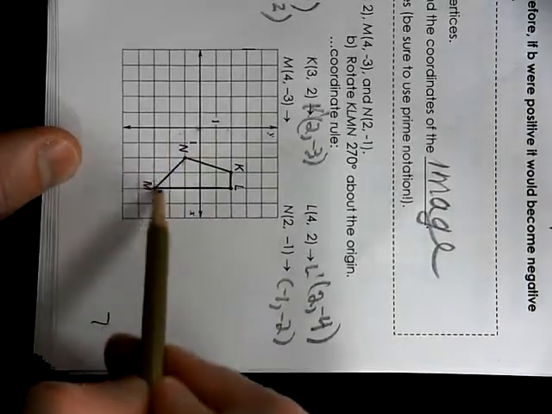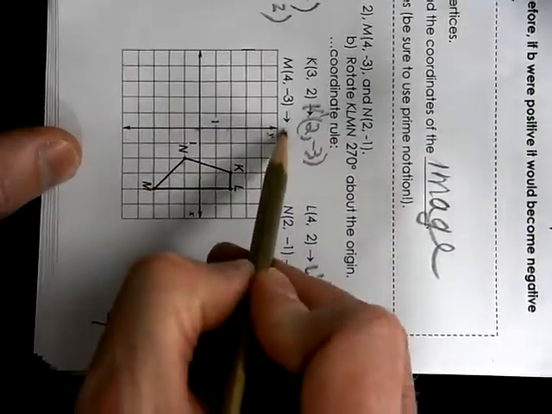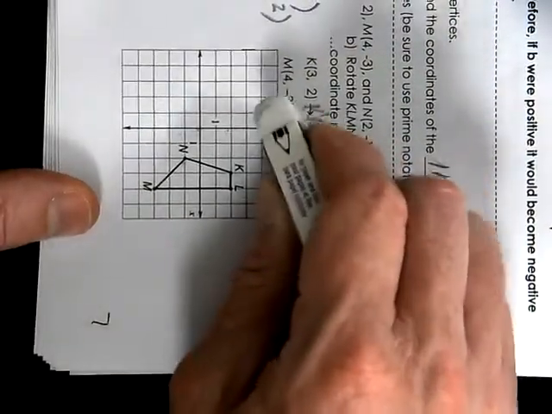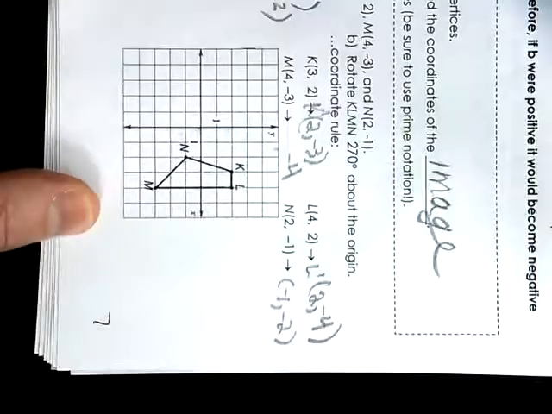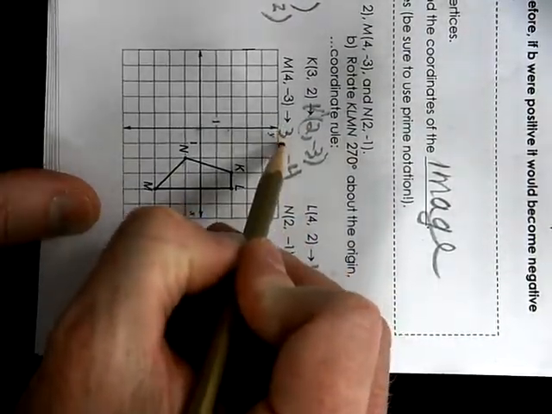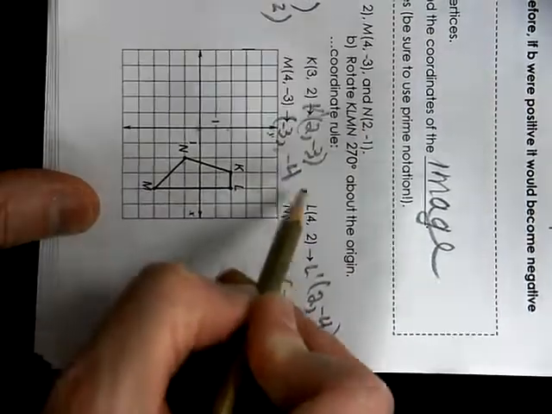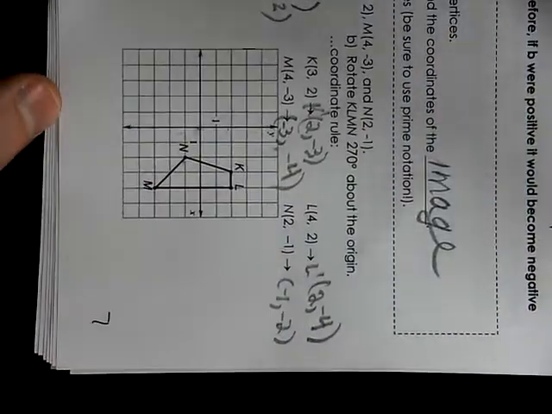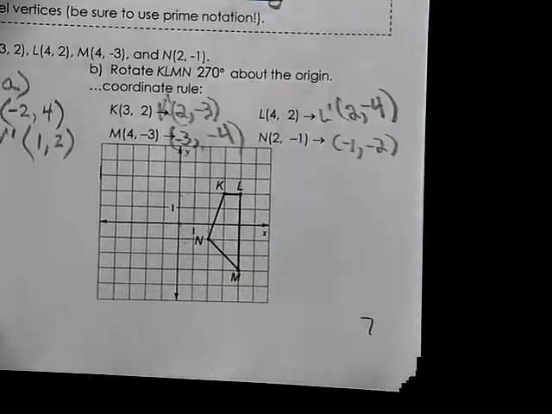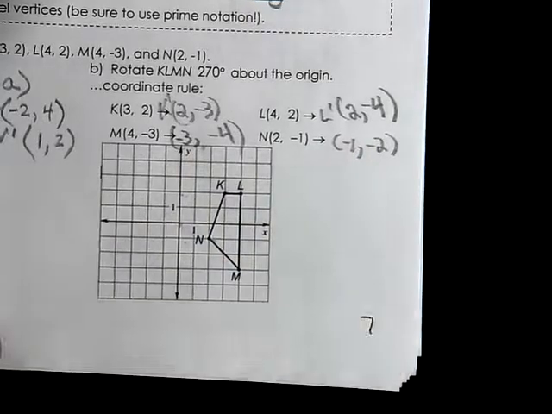And M is 3 to the left and 4 down. That one was a little sloppy looking. 3 to the left and 4 down. So there they are. So if you make note of where your image points are, then you can write your answers down.